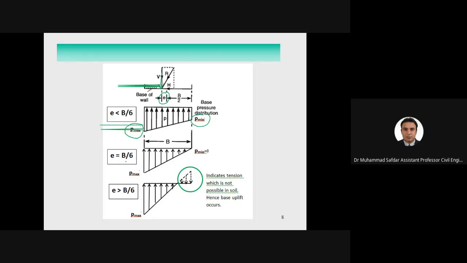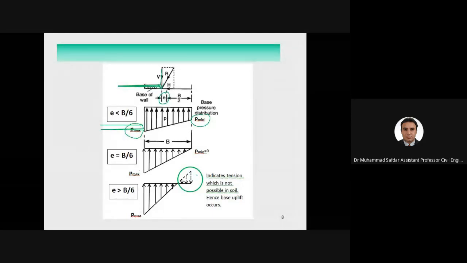If E is equal to B by 6, then P maximum would be the maximum value and P minimum would be equal to 0. If the eccentricity is greater than B by 6, where B is the width of the retaining wall, then tension will be created on the right side of the retaining wall, and this will create uplift of the retaining wall.